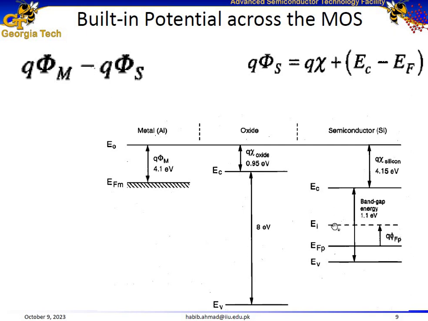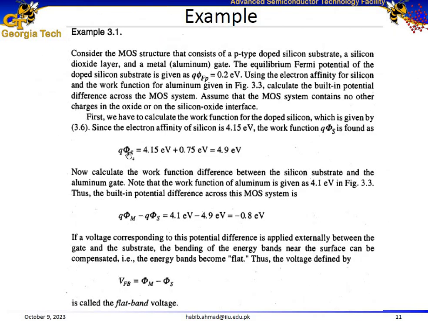So then EC minus EF becomes 0.55 plus 0.2, 0.75, and then add 4.15 to it. It gives you the semiconductor work function. So the semiconductor work function is equal to 4.15, which is chi, plus 0.75, which is the addition of 0.55 plus 0.2, is equal to 4.9 electron volts.